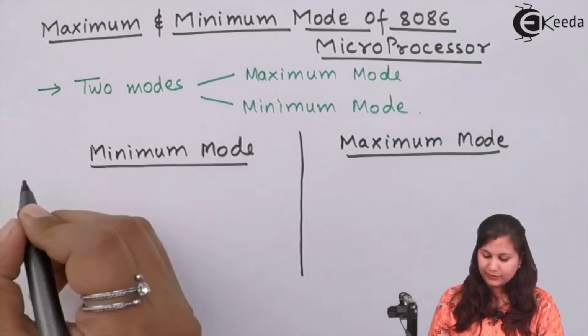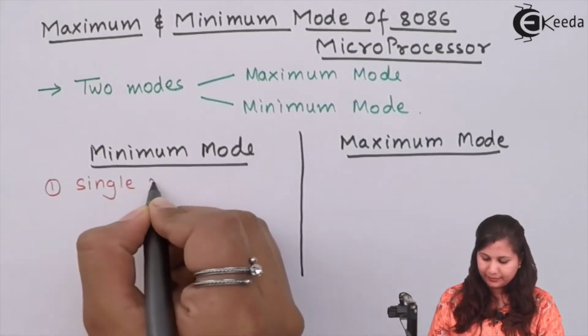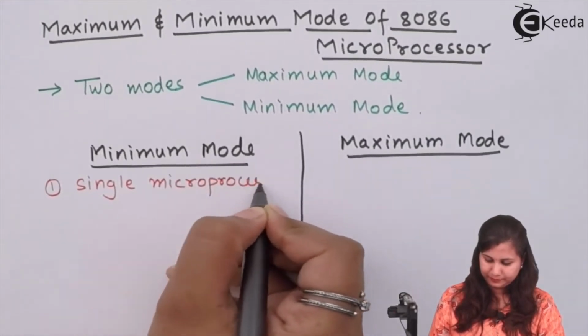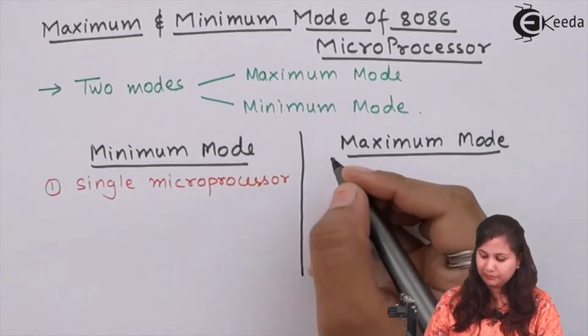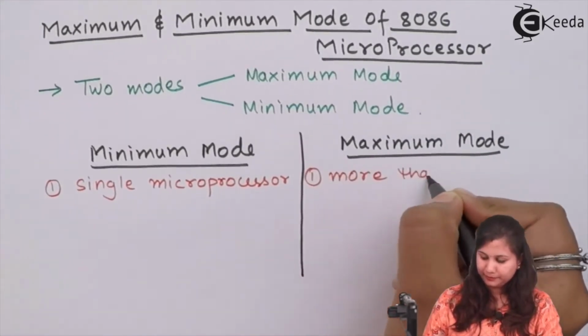in minimum mode, there is only a single microprocessor, but in maximum mode, there is more than one microprocessor.